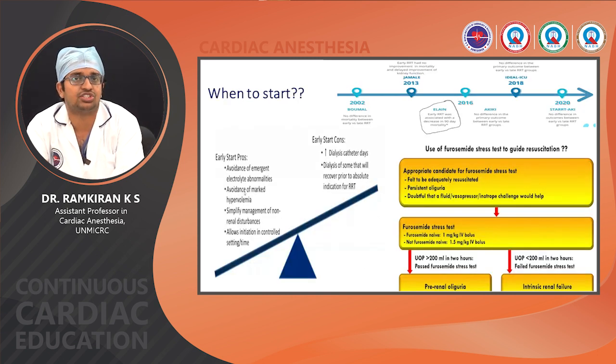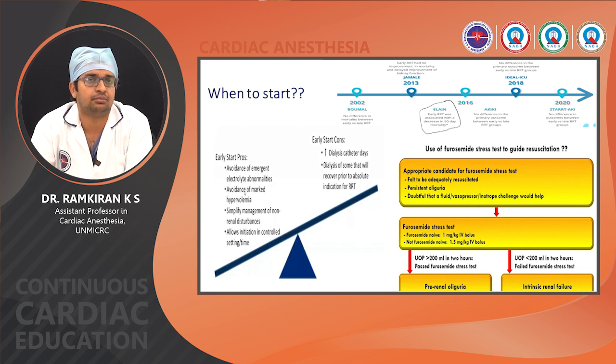So when to start renal replacement therapy in an ICU is a question. There are many trials which have been carried out, large trials from 2002 right to the latest in 2020.